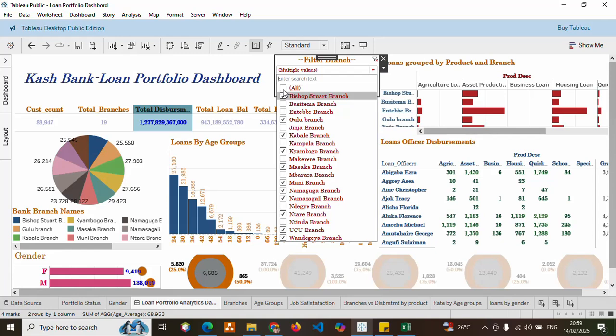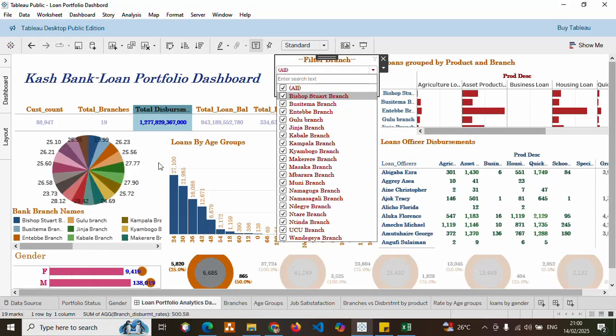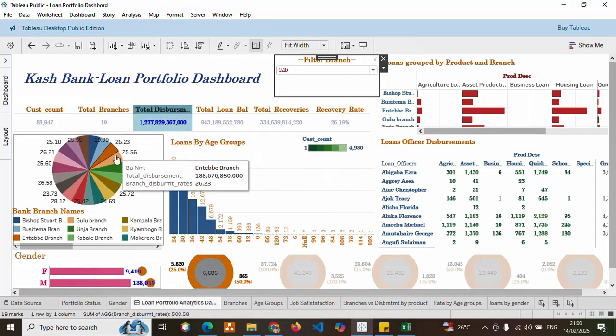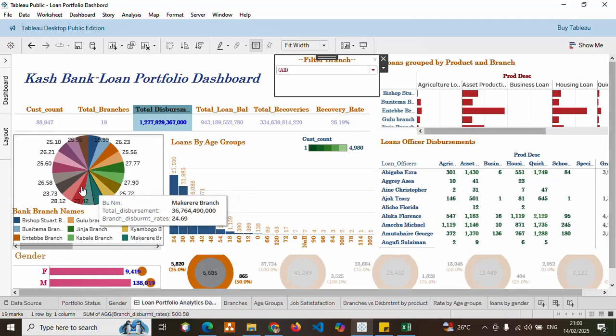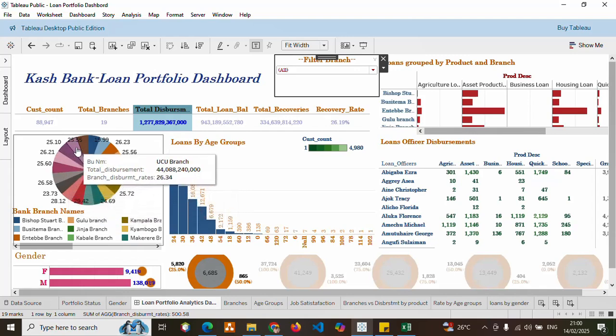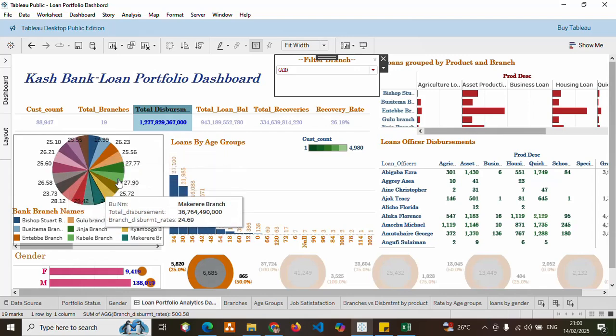For example, you may be interested in one branch to know its performance directly from the dashboard without necessarily having to look at it from different worksheets. So if I select all branches, all branches should be able to tell me their different loan disbursements here in the dashboard.